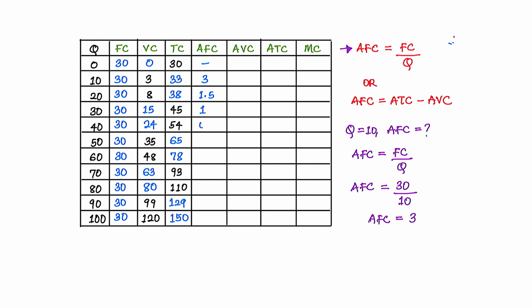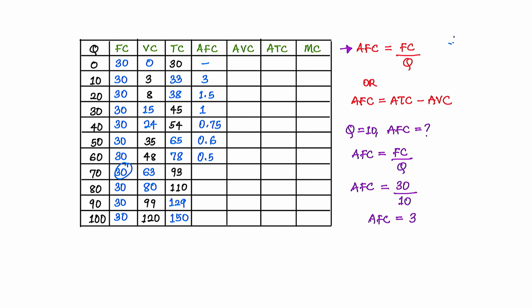That will give us 0.75. Next, 30 divided by 50. 30 divided by 50 will give us 0.6. Next, 30 divided by 60. That will give us a value of 0.5.